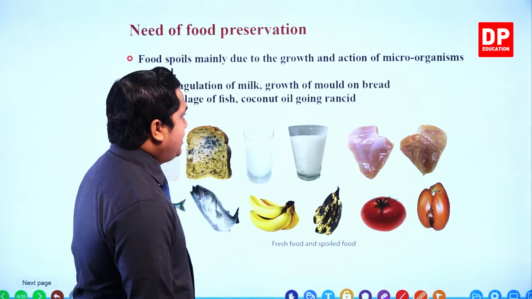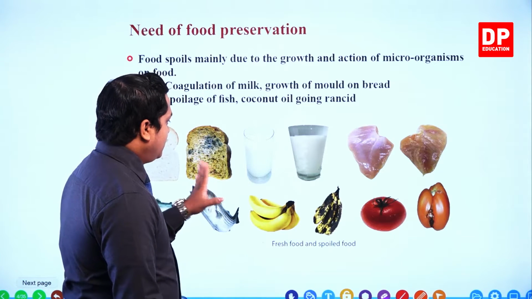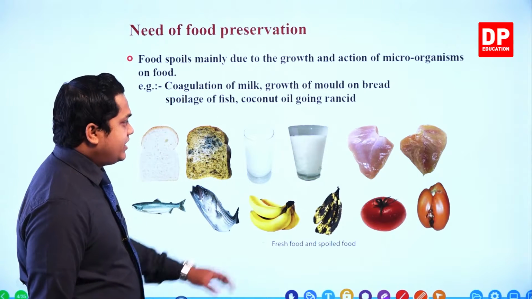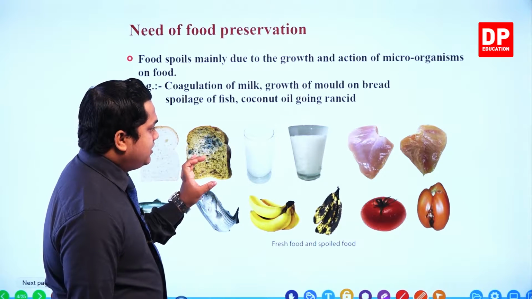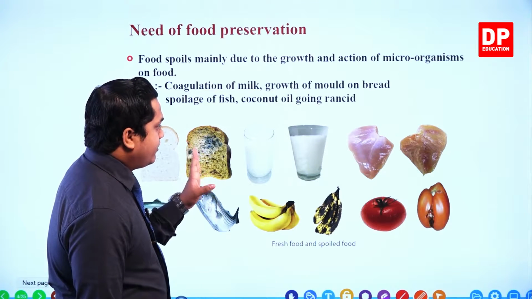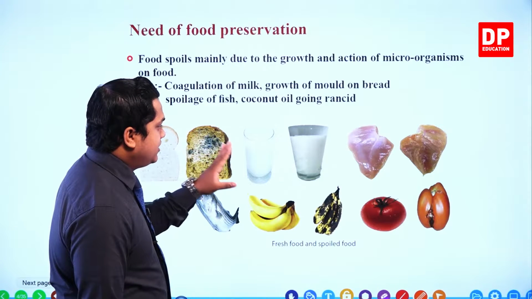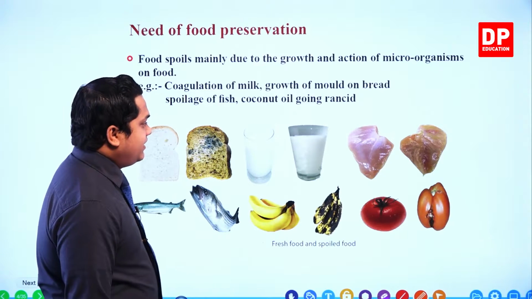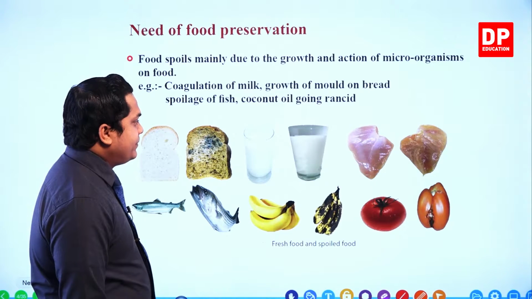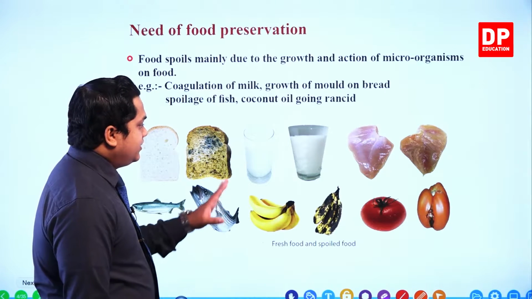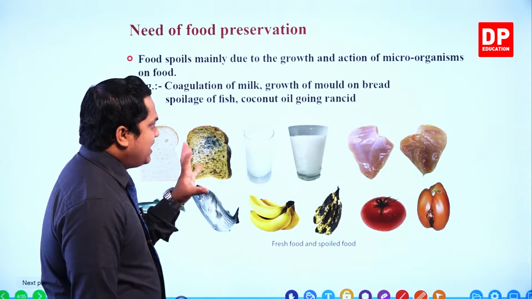Then here you can see it. This is original milk before the coagulation or before the spoilage. As you can see, it has a creamy white color, and it looks very tasty, as we can tell by looking at the figure.